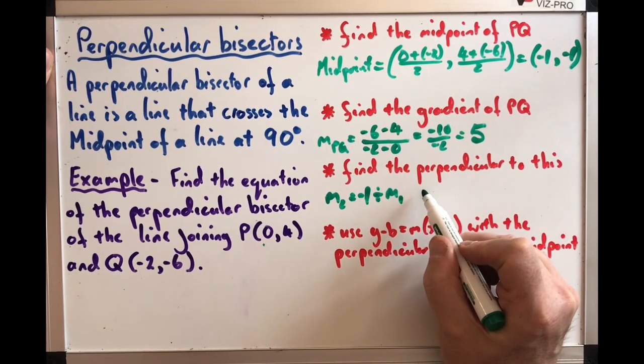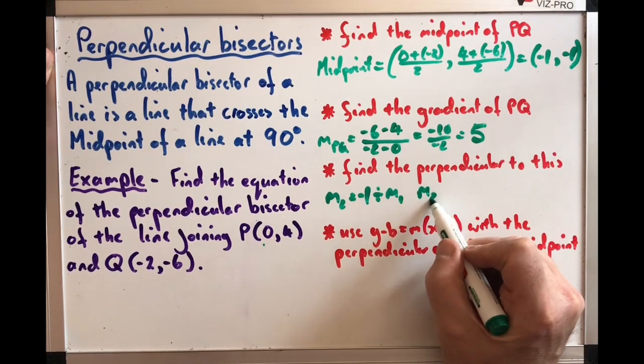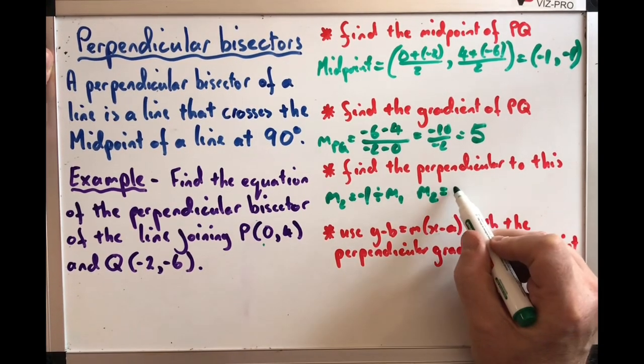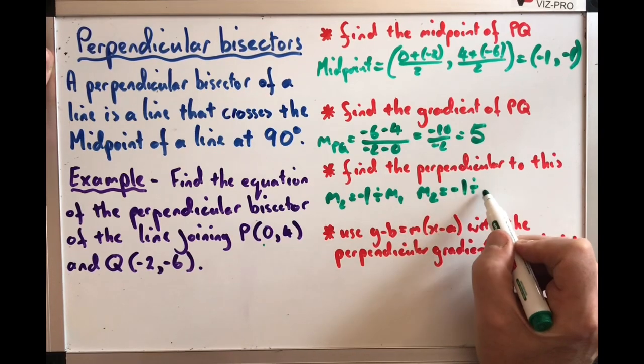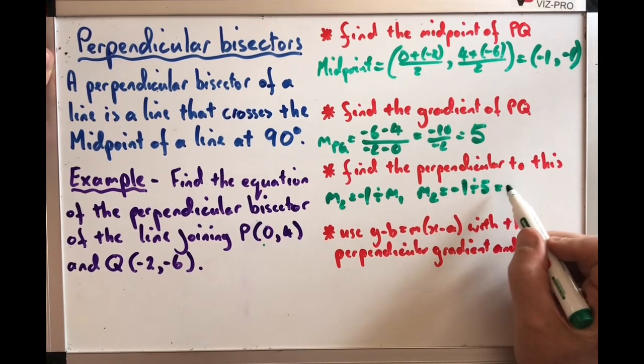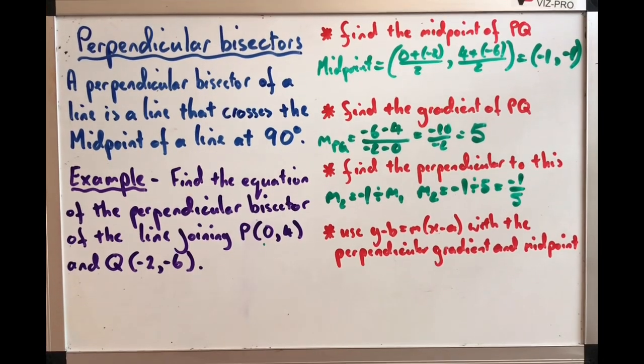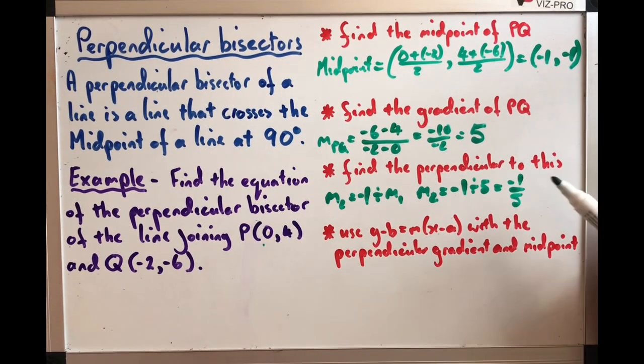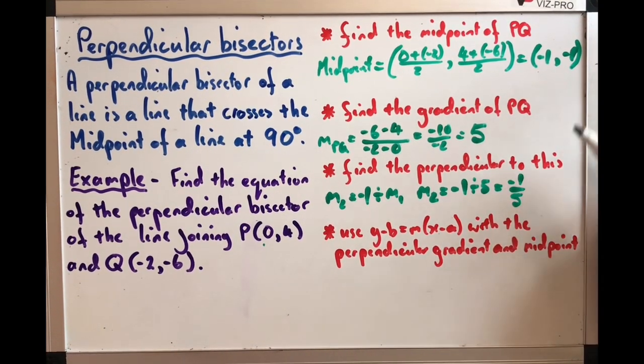So for our perpendicular line, m2, we've got -1 divided by 5, which is just -1/5.